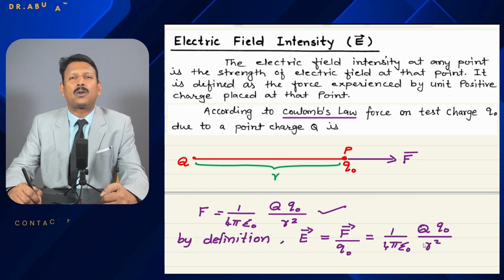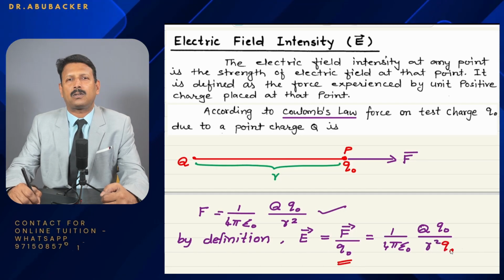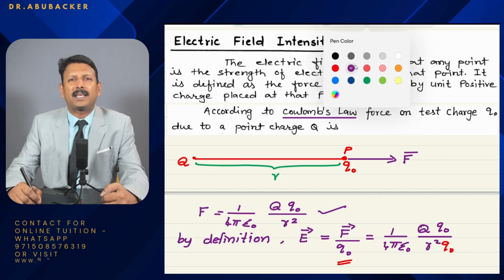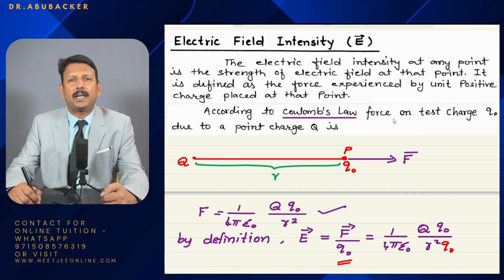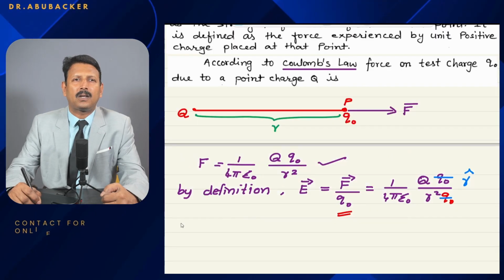Now that Q0 is left, we have to write it also in the denominator, Q0. Now we can cancel the numerator and denominator Q0. Done. And a unit vector I added at the end, for direction purposes.